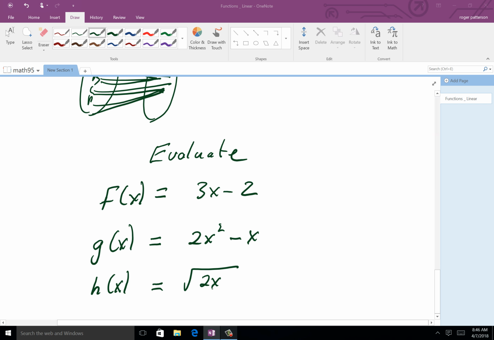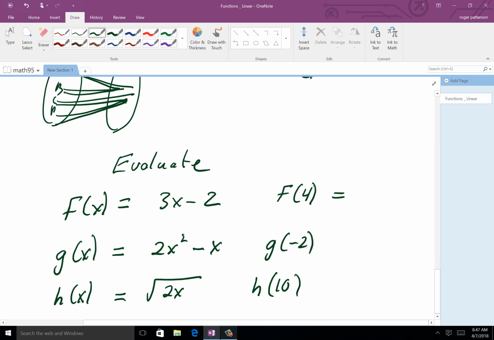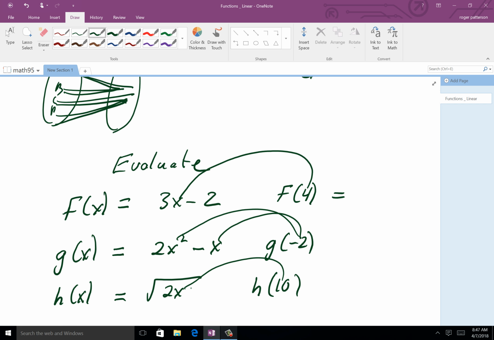And evaluating would be to say, okay, I want to figure out what f of 4 is. I want to figure out what g of negative 2 is. I want to figure out what h of 10 is. Then all you have to do is put this number wherever you see an x, because basically you've replaced the x with this number. You can use your calculator if you want to.